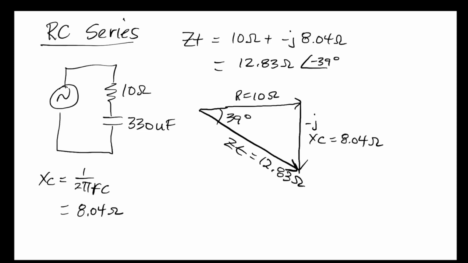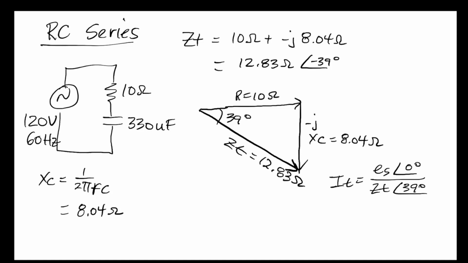Now remember, for this example, our E source was 120 volts, 60 hertz. So if I look at wanting to determine I total here, I can say I total is equal to E source at 0 degrees divided by Z total at angle minus 39 degrees here.